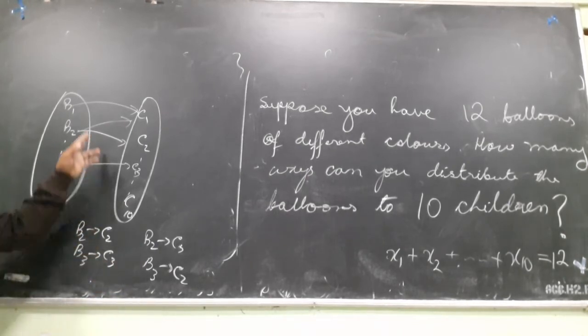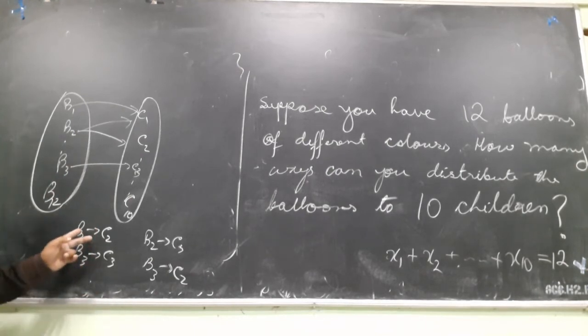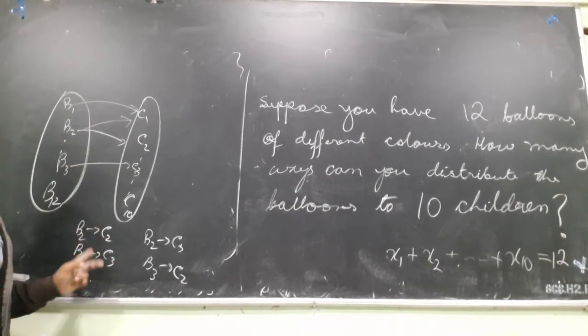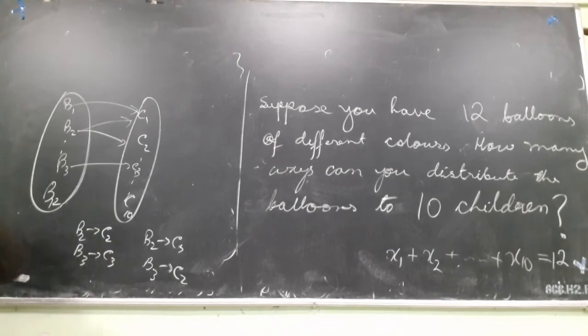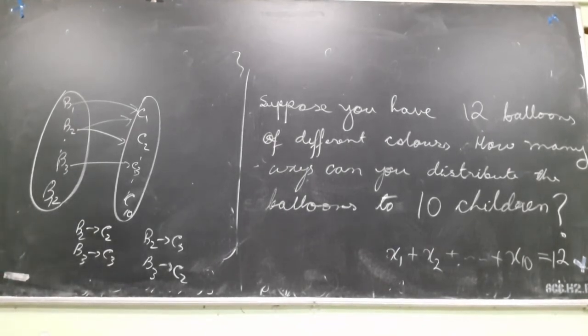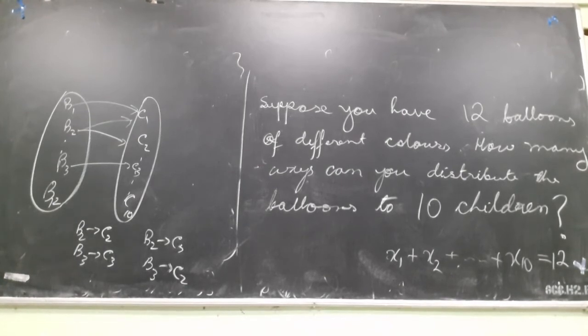If the balloons are identical, then whether you give B2 to C2 or B2 to C3, it doesn't matter. Only the number matters: how many balloons you are giving. If the balloons are of different colors, what matters is the number of balloons as well as the color of the balloon.